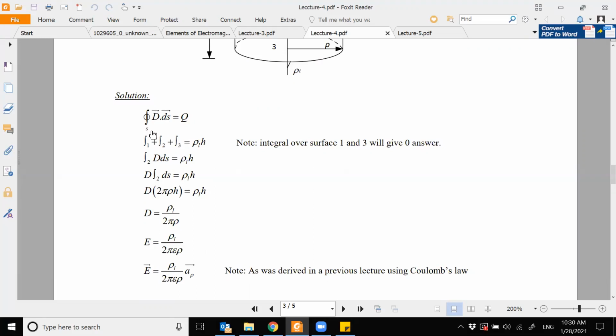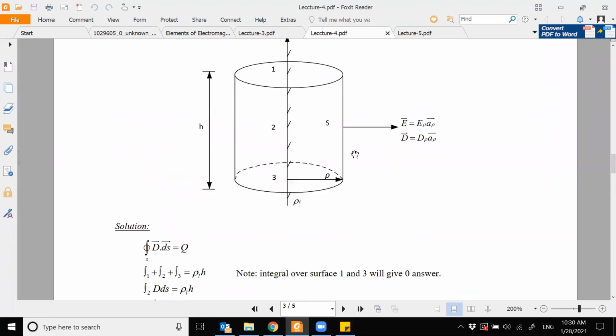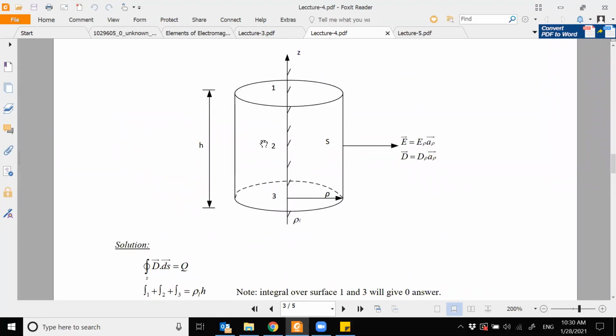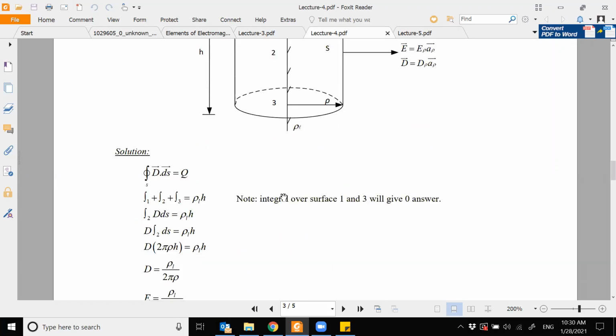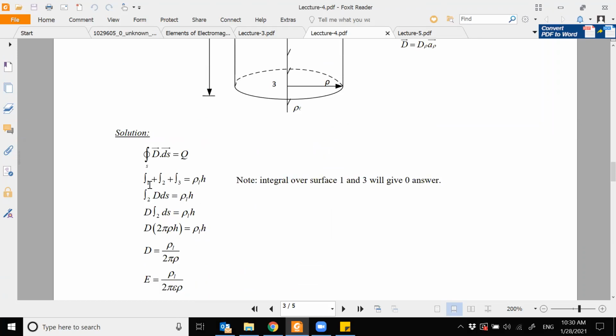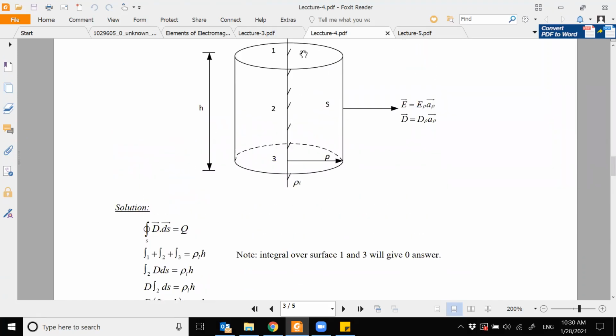This closed surface integral is made up of three surfaces: the top, the side, and the bottom. So the integral over 1 plus the integral over 2 plus the integral over 3 is equal to Q. What will be the charge enclosed in the cylinder?